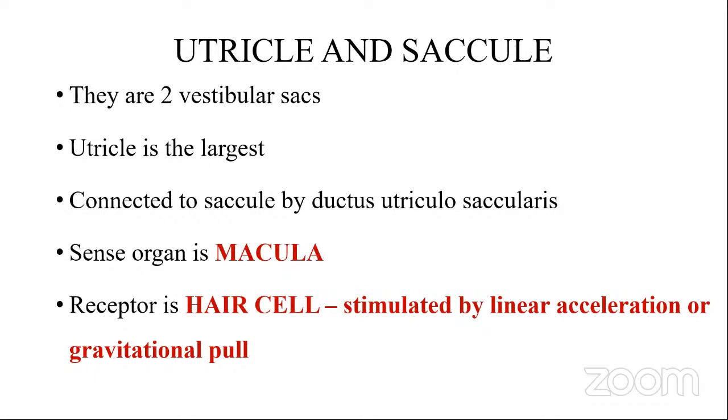So this angular acceleration is produced during the head movements, that is the movement of the head, up and down, then towards the ear touching the shoulder, and next in the vertical axis.